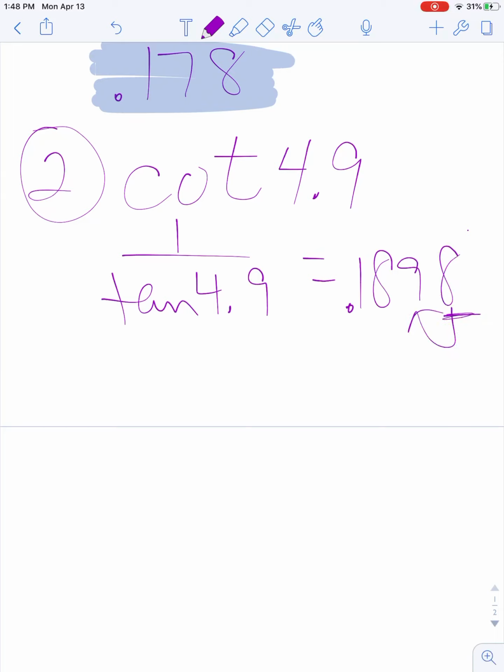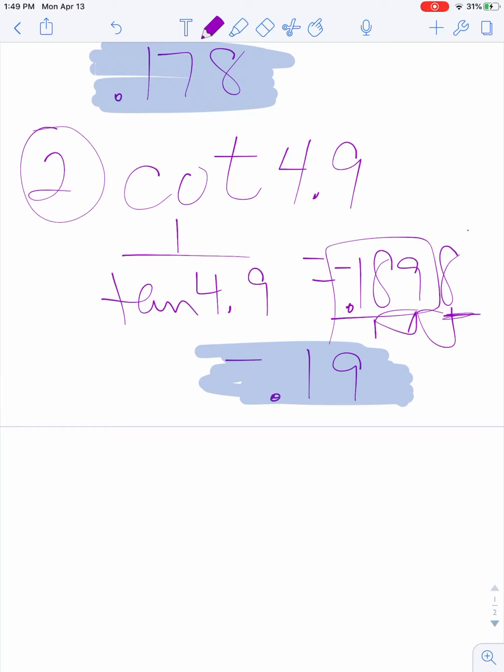So this rounds that 9 up, and it's negative. So I would just say negative 0.19, I guess, is what I would say there. You wouldn't be able to go 3 decimal places. If you wanted to just truncate it and say it's that, I'm fine with that too. That's okay.